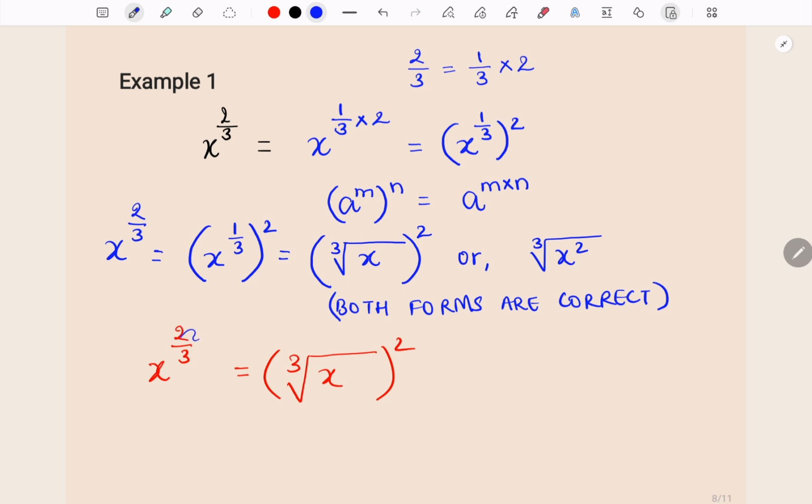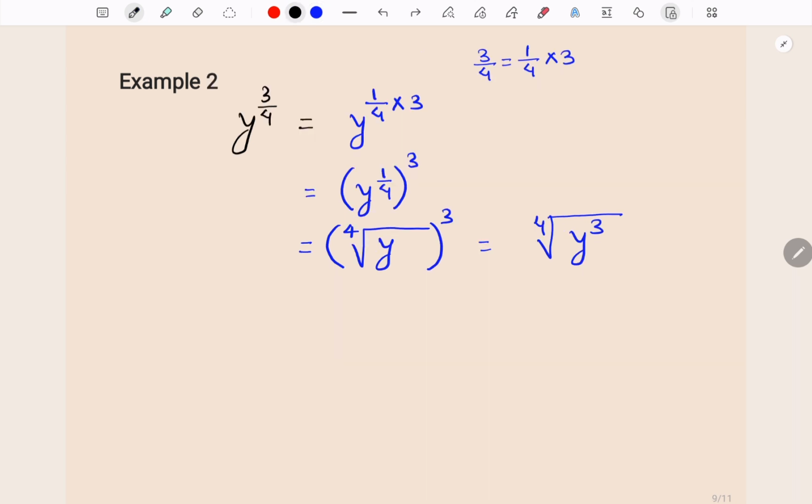Here the numerator was 2. This 2 contributed to become the power, and we had 3 as the denominator, and this 3 became the root.